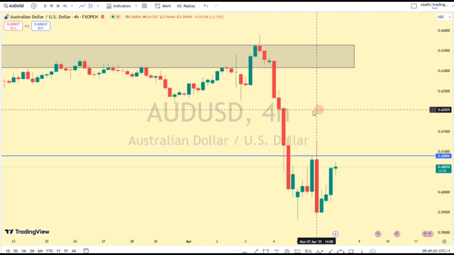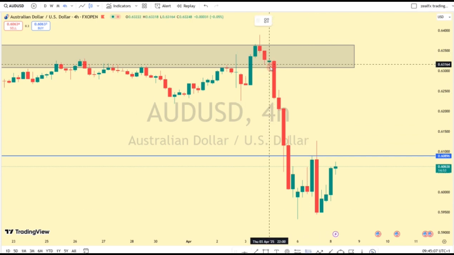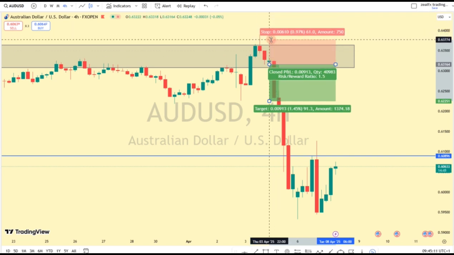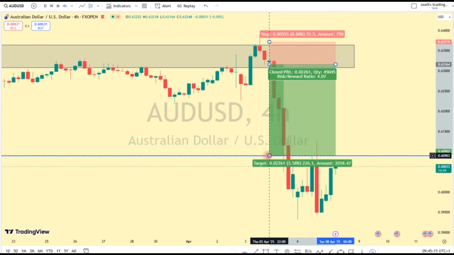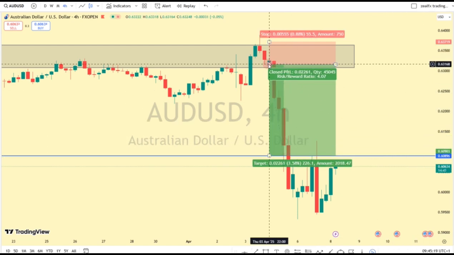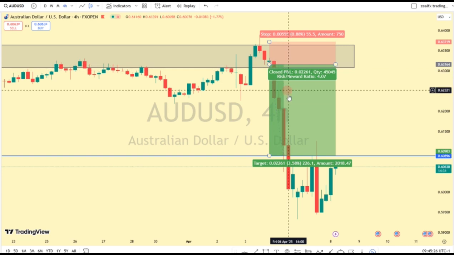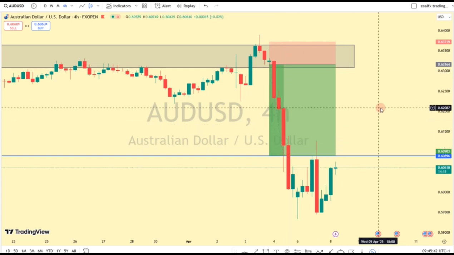All I did was set my stop loss above this region, with my target on that weekly level. You can see this is how I was able to cash in this heavy drop on AUDUSD.